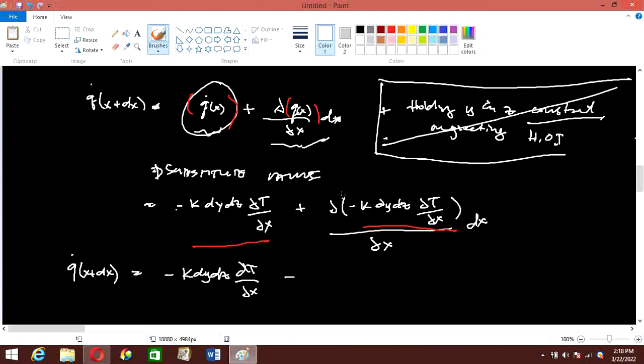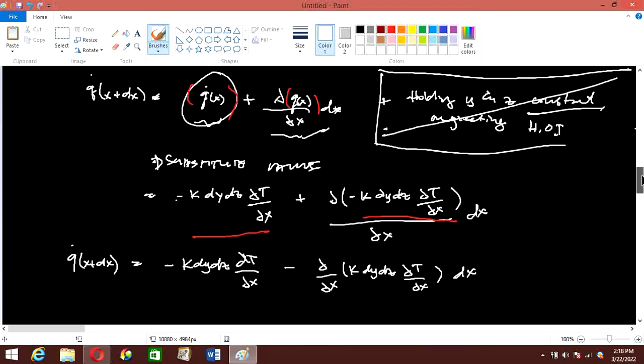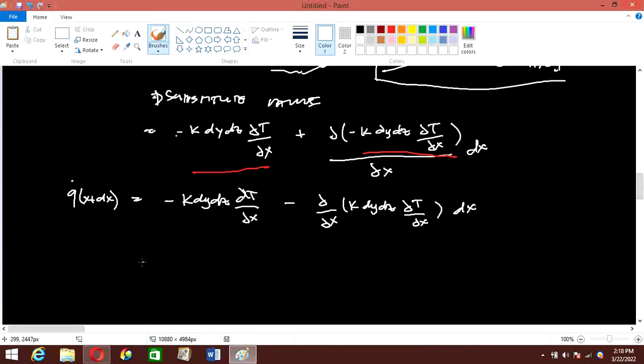So we have negative, the partial derivative with respect to x of k dy dz dt over dx.